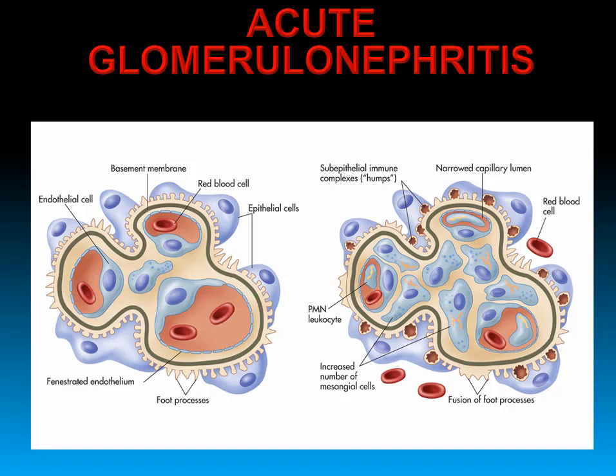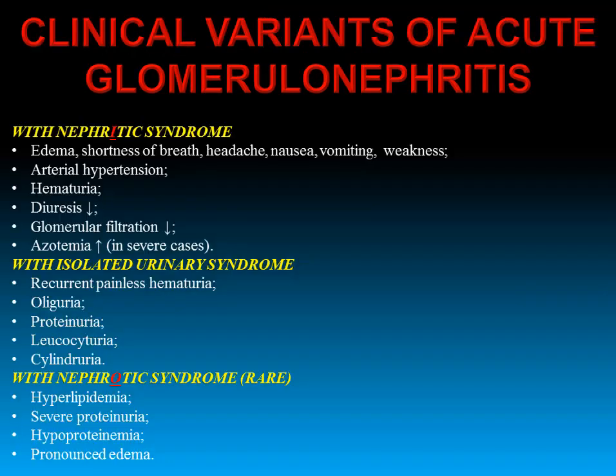What are the clinical manifestations? As I said, it can pass with nephritic syndrome, with nephrotic syndrome, which is the rarest variant, or with isolated urinary syndrome. The symptoms seen in nephritic syndrome: edema, shortness of breath, headache, nausea, vomiting, weakness, arterial hypertension, which is usually mild, hematuria, decreased diuresis, decreased glomerular filtration, and in severe cases azotemia.